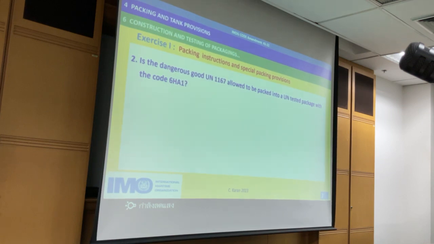The moment you see a 2-letter package, what shall we understand? It's a composite one, okay? Two materials are used. Remember, you go to part 6. Remember the UN coding, package coding.